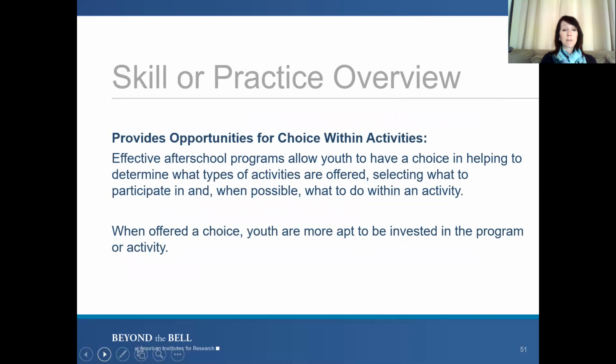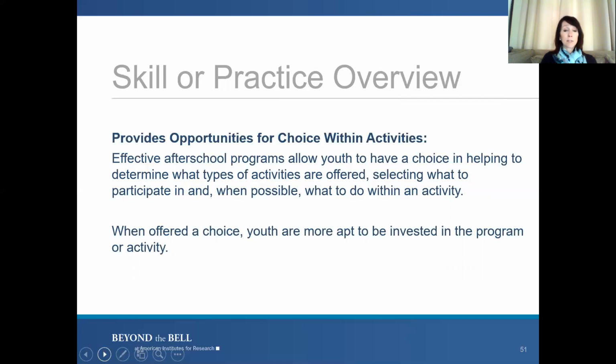So then we need to provide a skill or practice overview. Why is this important? Why is this beneficial for staff and ultimately for the youth that we are serving? Effective after-school programs allow youth to have a choice in helping to determine what types of activities are offered, selecting what to participate in, and when possible, what to do within an activity.